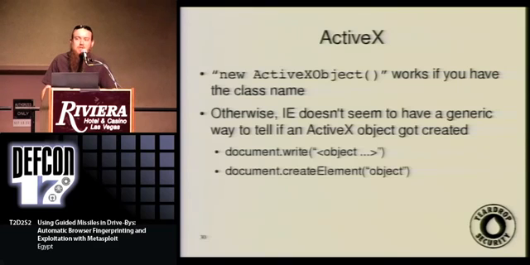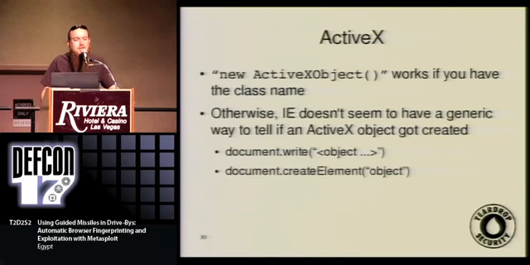So we don't necessarily have to do any fingerprinting to determine if Foxit Reader is installed, because there's an ActiveX class ID. We just ask, is this class ID installed? The easy way to do that is if you've got a class name, you can just call new ActiveXObject, and if it doesn't throw an exception, you're good to go, and you can try the exploit.